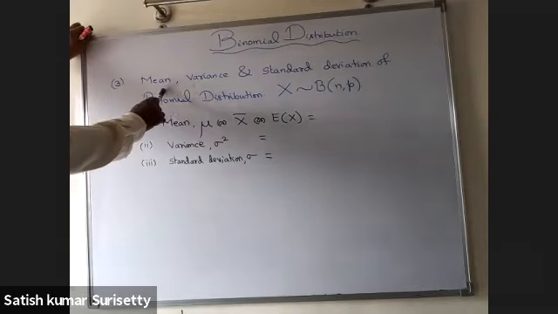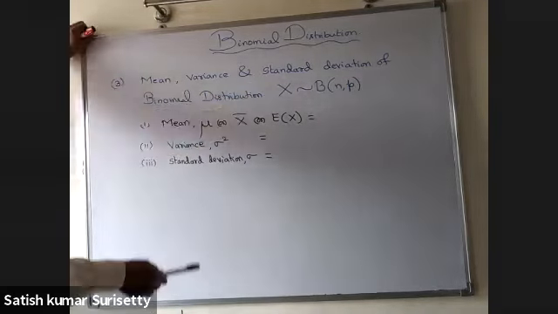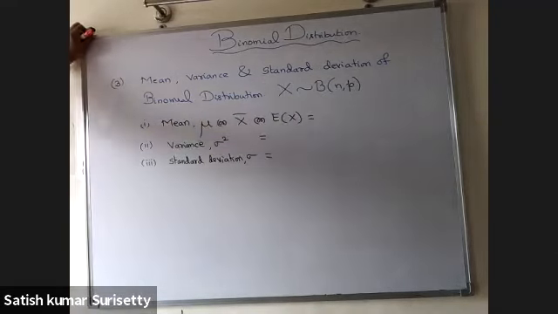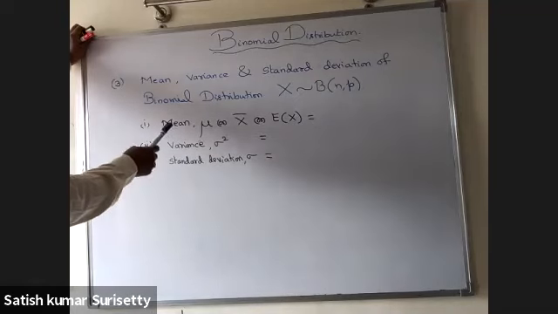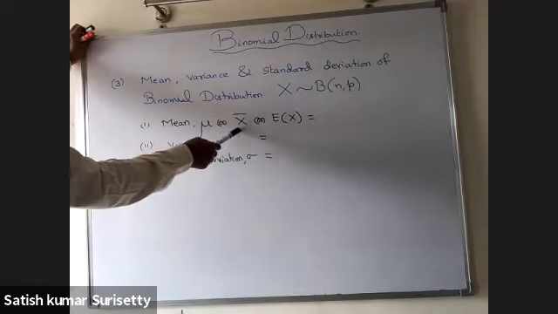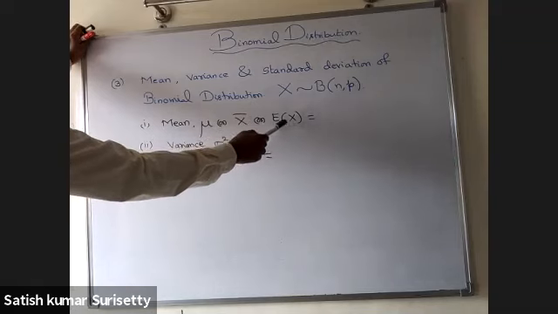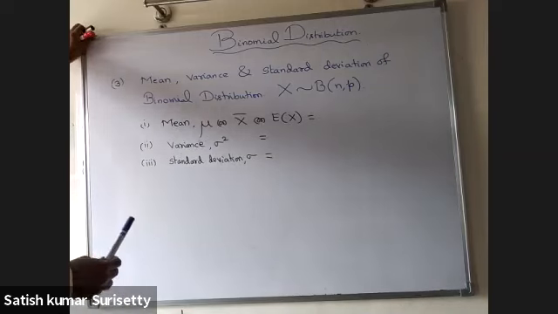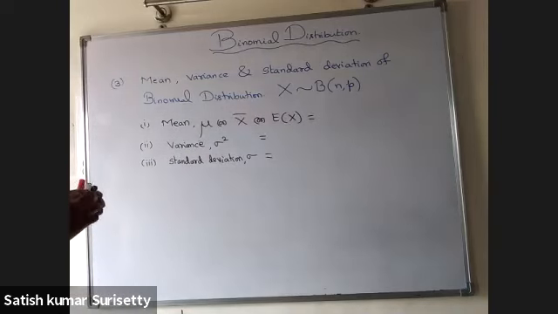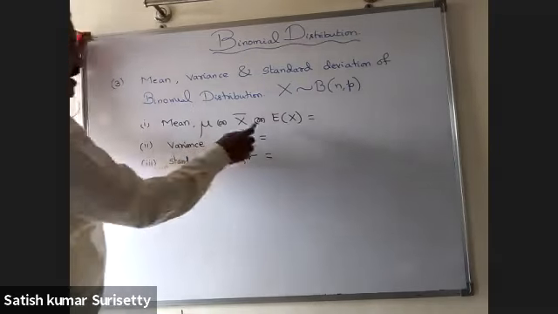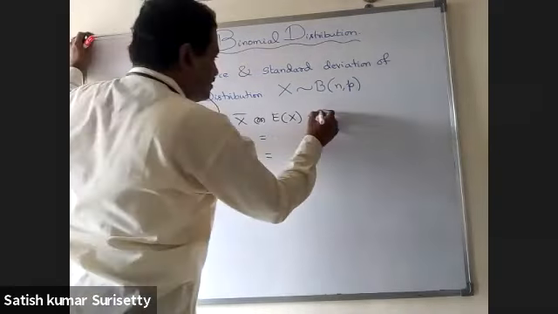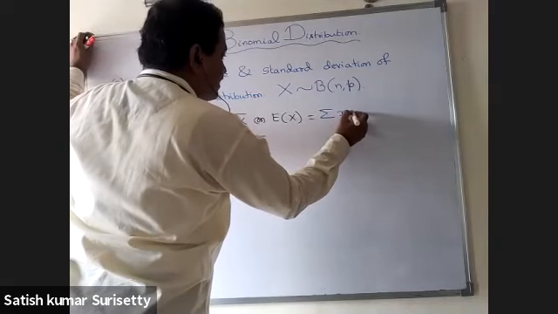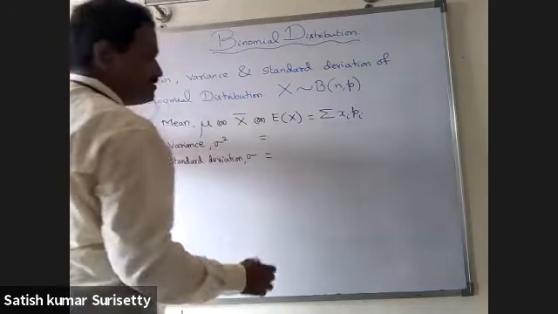So let us calculate the mean, variance, and standard deviation of the binomial distribution. X follows a binomial distribution with parameters n and p. The mean, another symbol is mu or x bar, can be written as the expectation of the random variable X. The variance is sigma squared and the standard deviation is sigma.